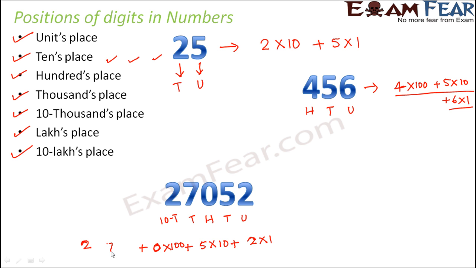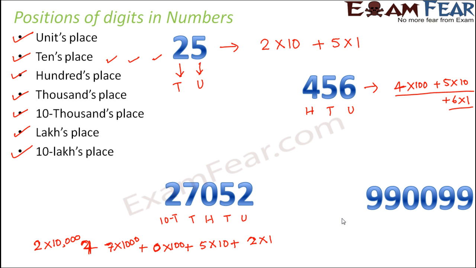Next is 7, which is at thousands place, so this would be 7 into 1000. And after that you have 2, which is at 10,000 place, so this would be 2 into 10,000. So this is how you get 27,052. Yet a bigger number: this would be units, tens, hundreds, thousands, 10,000s, 1 lakh, right?